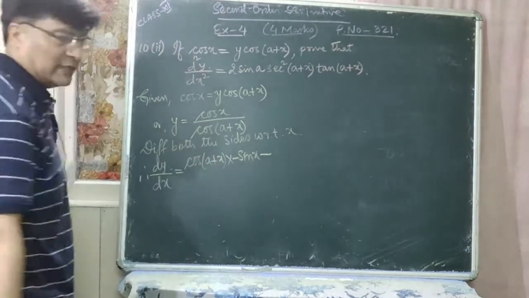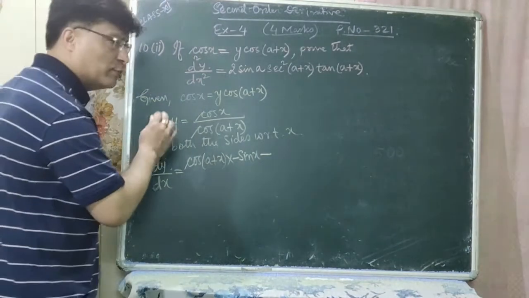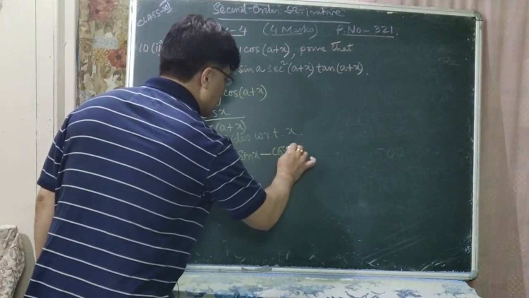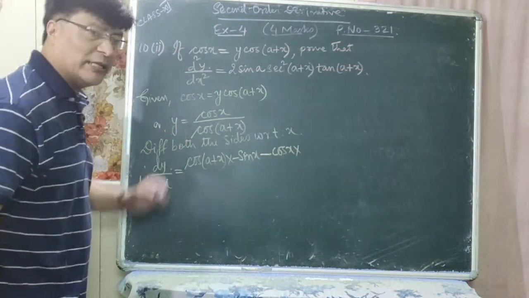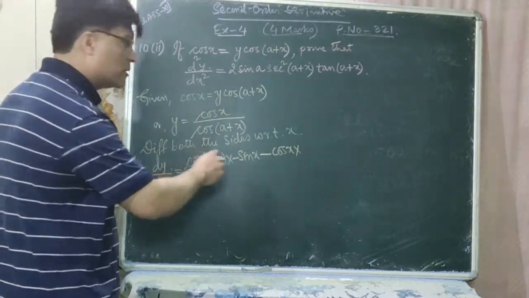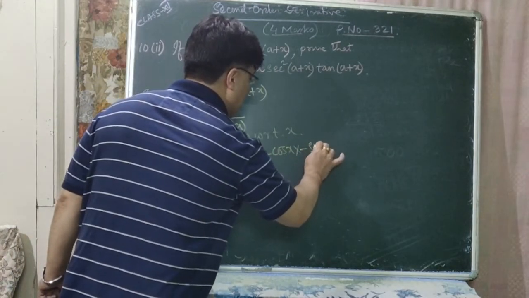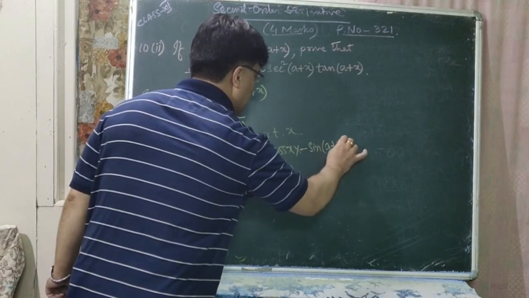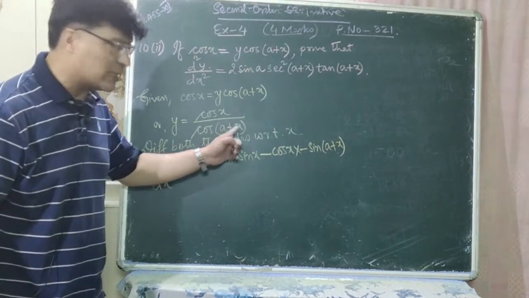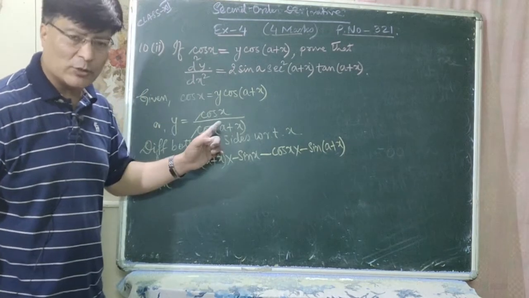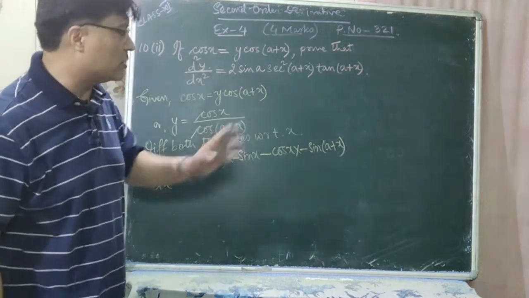Then comes minus. Now keep the numerator as it is, that is cos x into, now take the differentiation of the denominator. What is the differentiation of the denominator? It is minus sine of (a plus x) into 1. How did you get that 1? You have to differentiate a plus x with respect to x, which is equal to 0 plus 1, which is equal to 1.